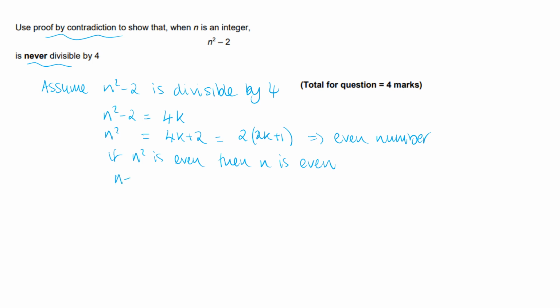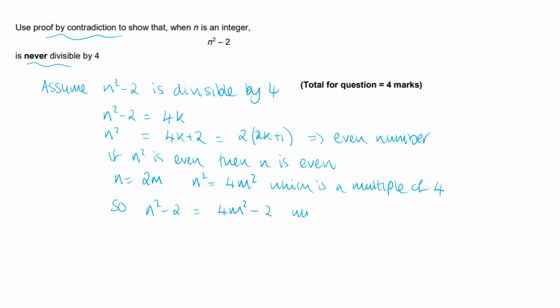So if n is equal to, say, 2m, n squared is equal to 4m squared, which is a multiple of 4. So n squared minus 2 is equal to 4m squared minus 2, which is 2 less than a multiple of 4.